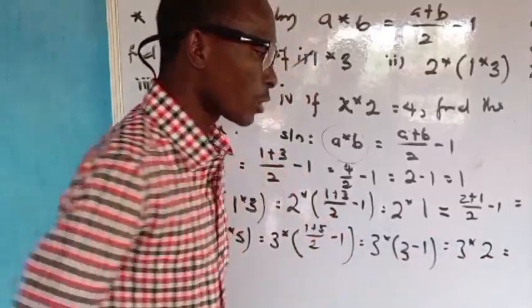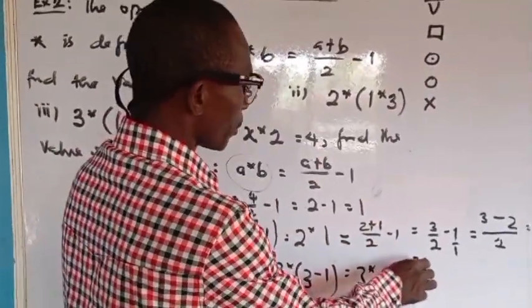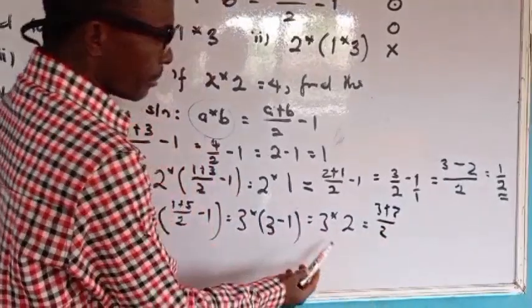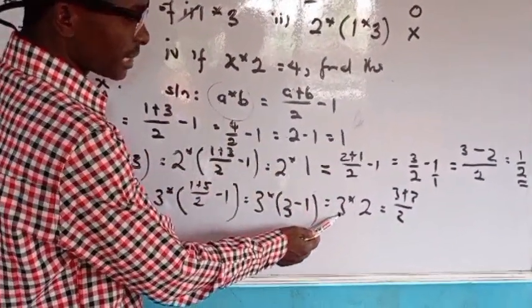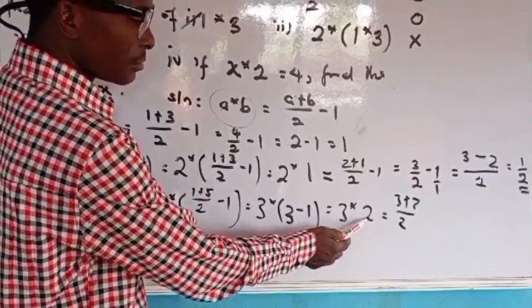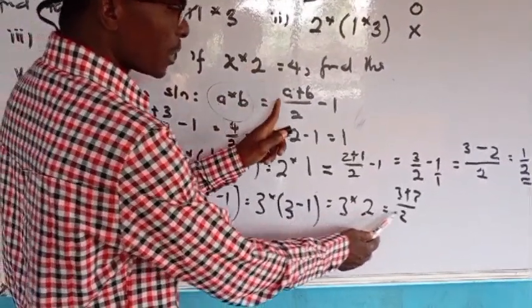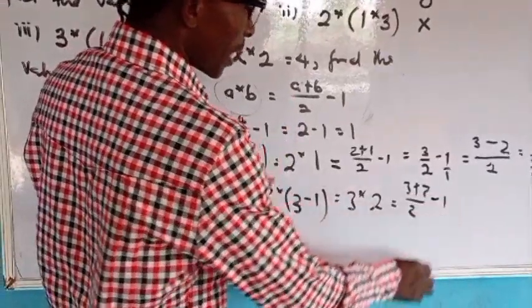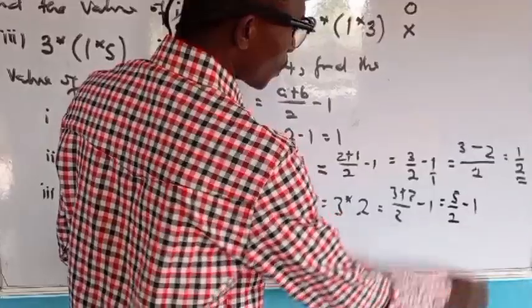2. We continue again by the same law. We say here becomes 3 plus 2 over 2. Why? Because look at 3 asterisk 2: our A is taking the place of 3, and B is taking the place of 2. So we go on now by minus 1. So here becomes 5 over 2 minus 1.